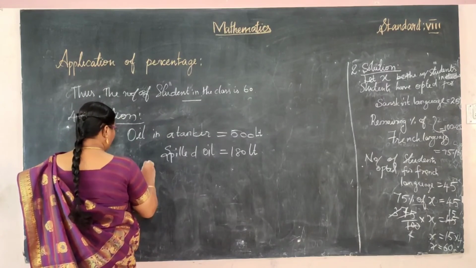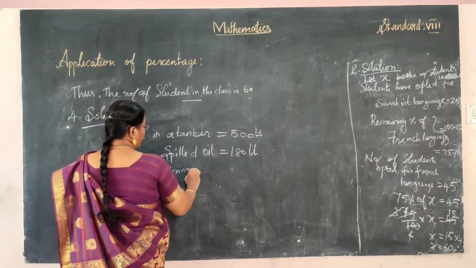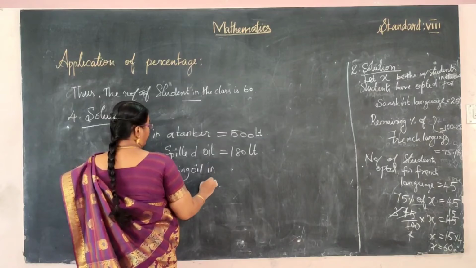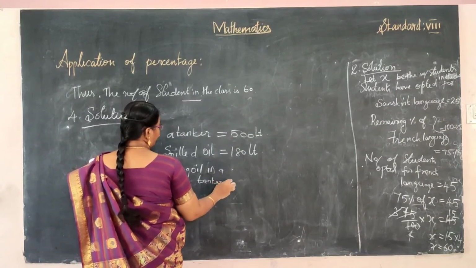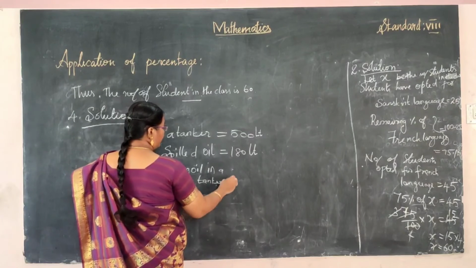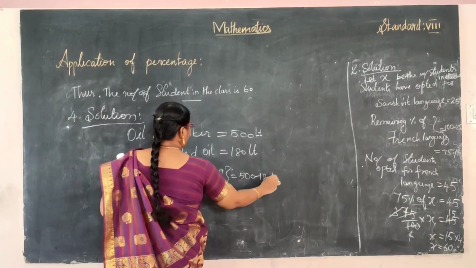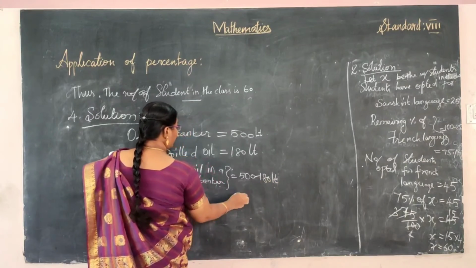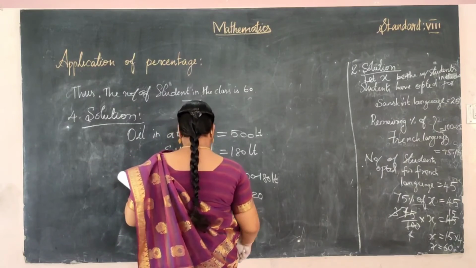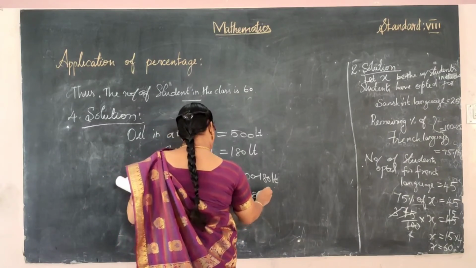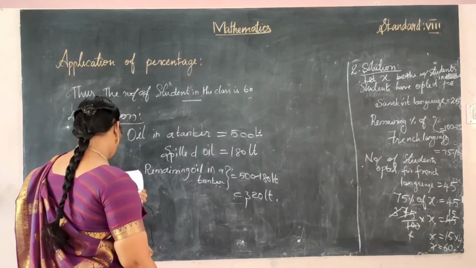The remaining oil in the tanker is equal to 500 minus 180 liters, which is 320 liters. And then find the percentage of remaining oil.